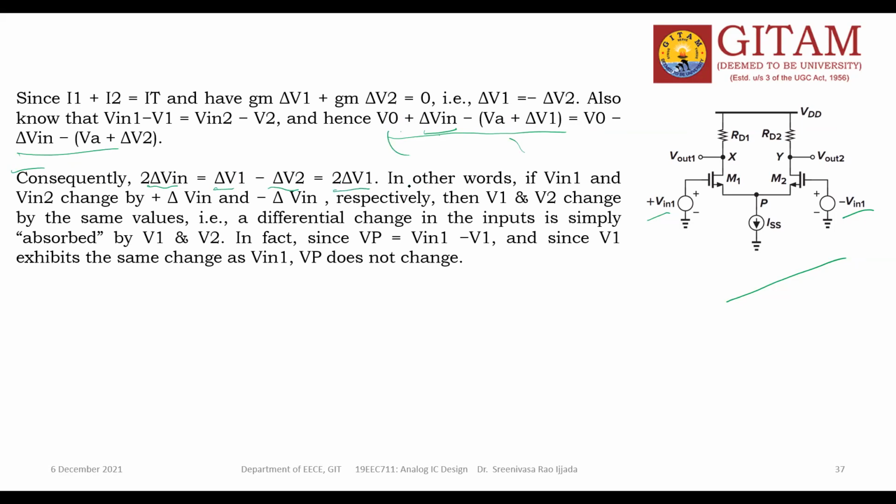So in other words, if V in 1 and V in 2 change by plus delta V in and minus delta V in here, then V1 and V2 change by the same value. The differential change in the inputs is simply absorbed by V1 and V2. In fact, Vp is equal to V in 1 minus V1, and since V1 exhibits the same change as V in, Vp does not change.